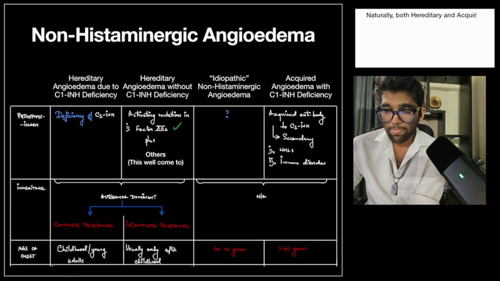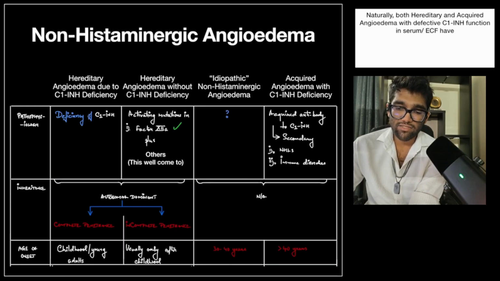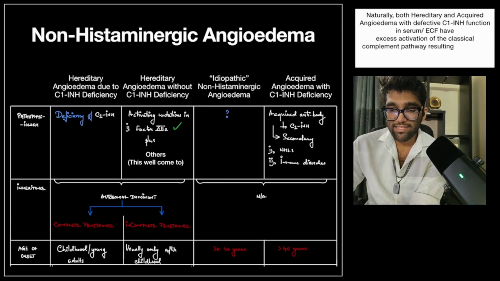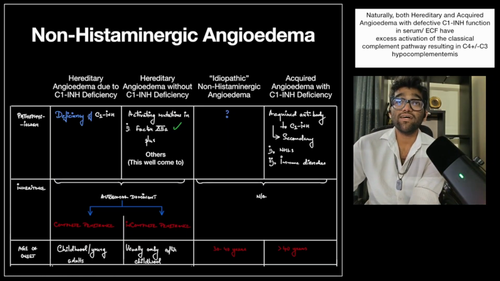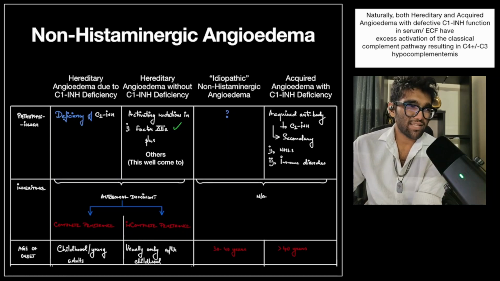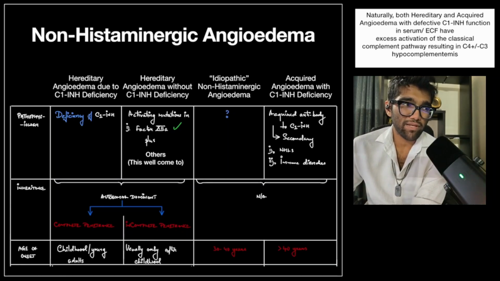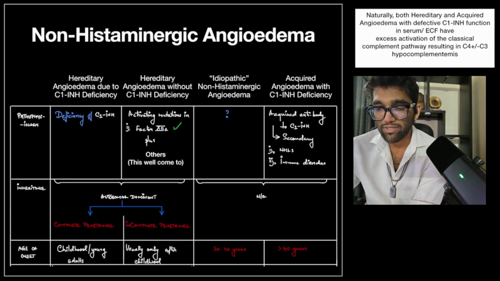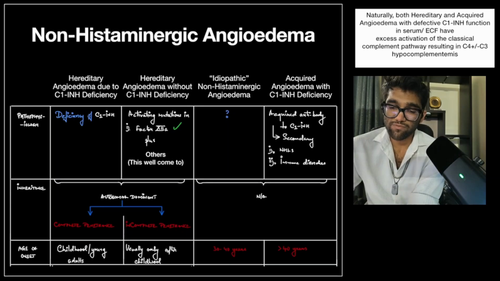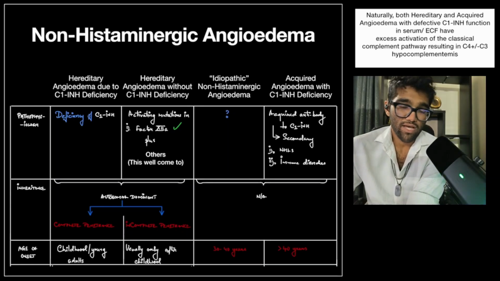Now, obviously, both hereditary and acquired angioedema with defective C1-INH function in serum or ECF have excess activation of the classical complement pathway, and therefore they can have C4, with or without C3, hypocomplementemia. But this classical complement pathway is not just randomly activated all the time. It has to be activated by very specific initiating mechanisms, so it may not always be active.